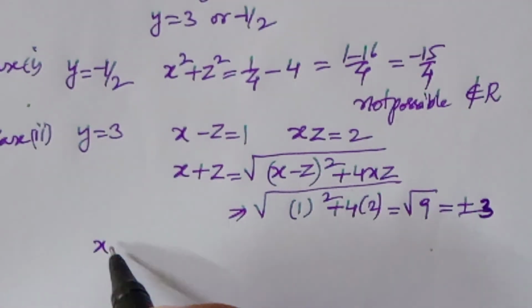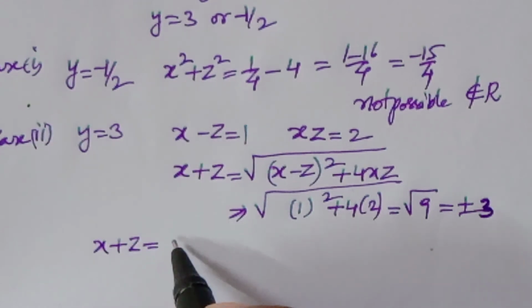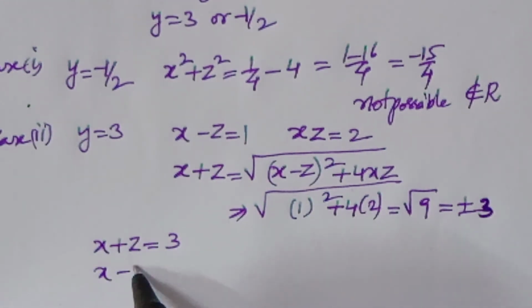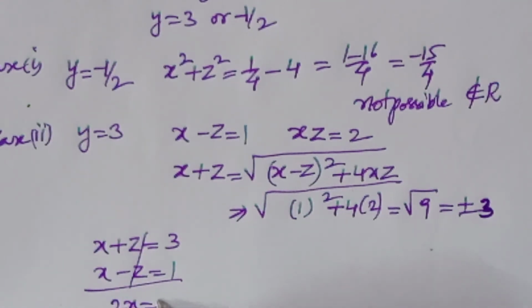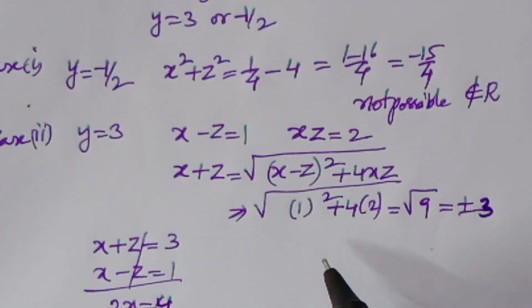So if you solve this, x plus z is equal to 3, x minus z is equal to 1, so 2x is equal to 4, x is equal to 2, z is equal to 1.